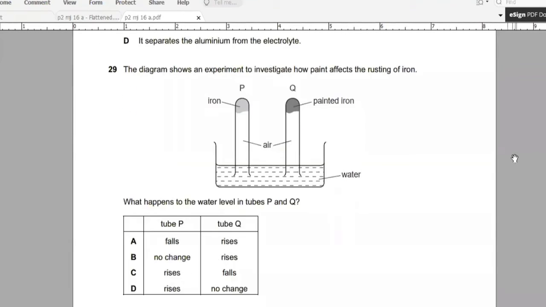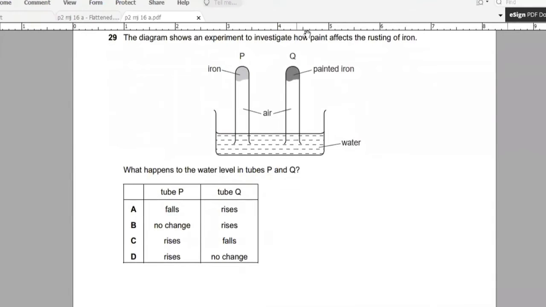Okay. 29. The diagram shows an experiment to investigate how paint affects the rusting of iron. Here you can see in the tub there is water and the air fills 1/5 of this test tube. P is iron and Q is painted iron.